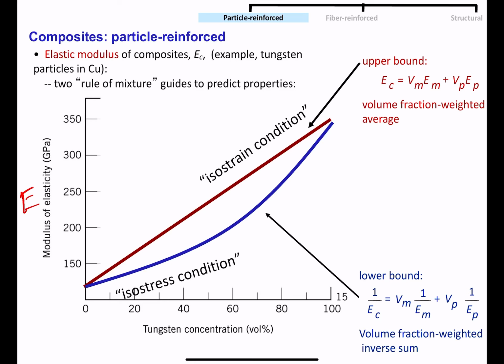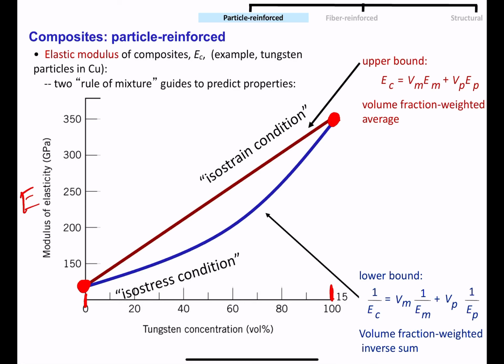And so to predict the properties, it would make sense that if we were at pure cobalt at 0% tungsten, the properties of pure cobalt would be down here. We would have a low modulus metal in that regard. And then if we had pure tungsten, this higher modulus material would give us our upper limit here.